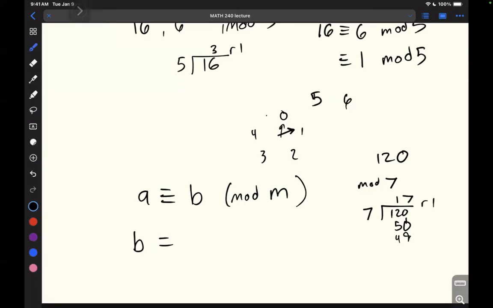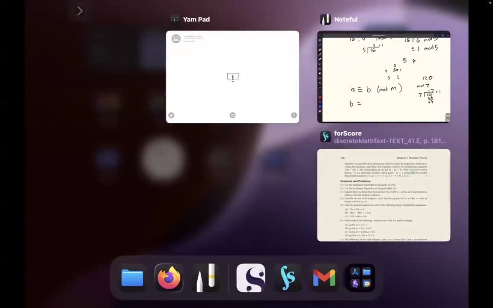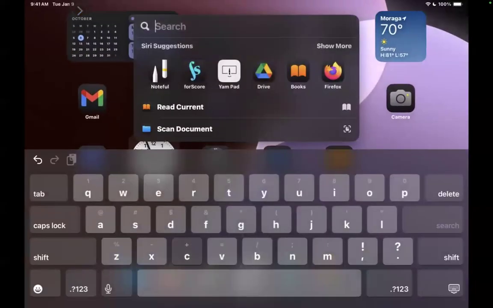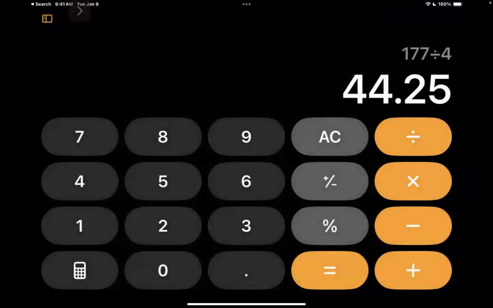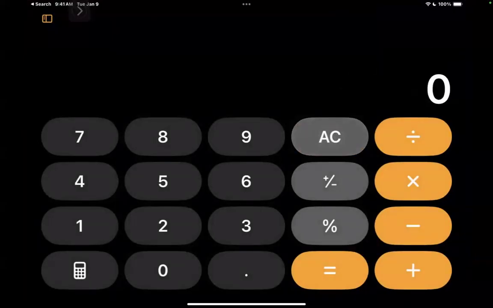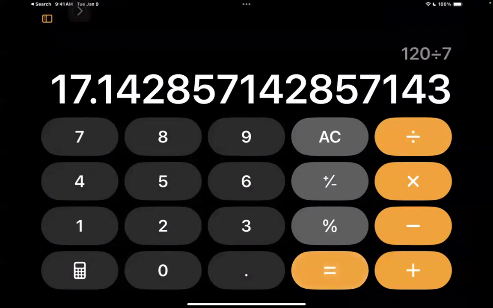So how do we find out the remainder without doing all of that work? Another way is, if we have a calculator, we can divide 120 by 7. So let's find a calculator. 120 divided by 7 gives us 17.